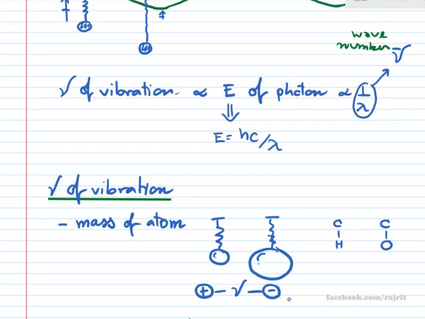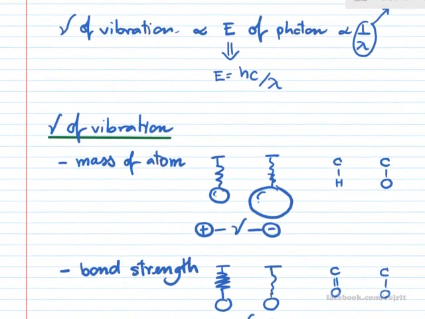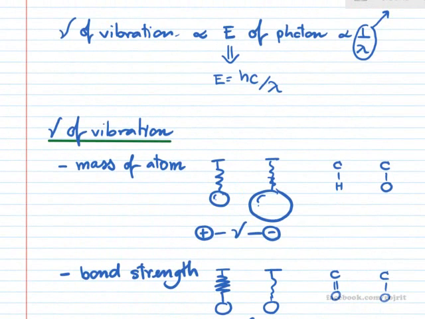That means in order to bring it up to the excited state, you need a lower frequency of the IR spectrum to excite the system up. So it depends on the mass of the atom. Not only the mass of the atom, it depends on the strength of the chemical bonding as well. The strength of the chemical bonding is like the strength of the spring.